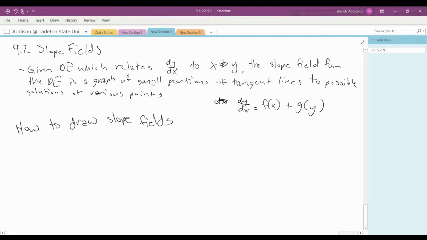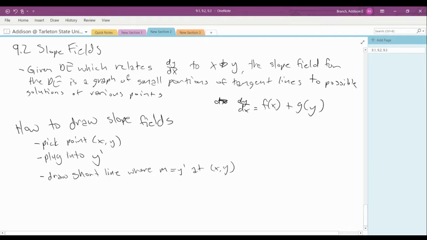What I like to do is make a table, and so what we can do is pick a point, plug into your derivative, and then draw a short line where the slope of that is at that point.